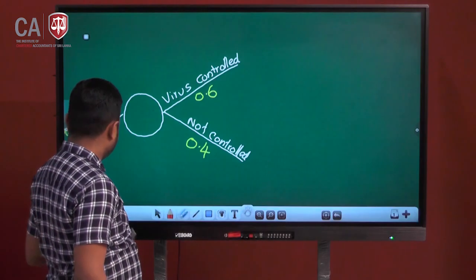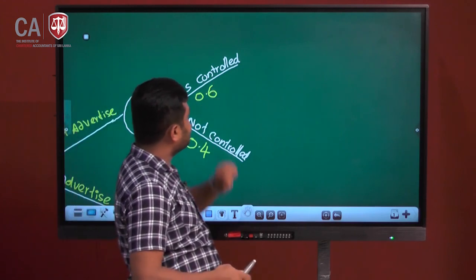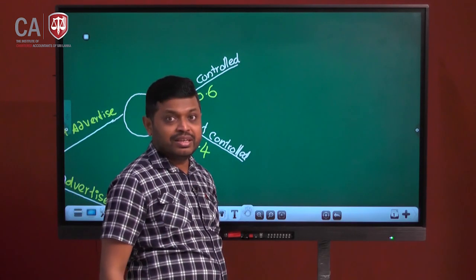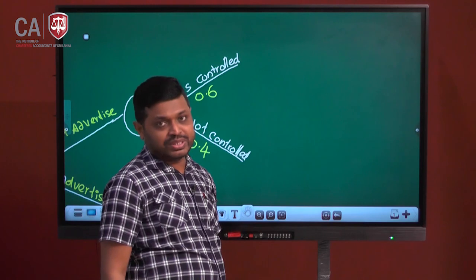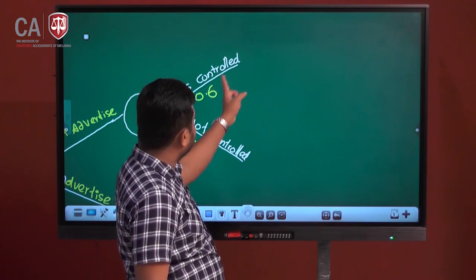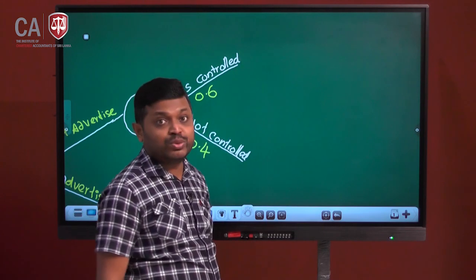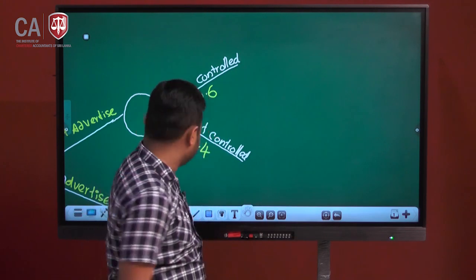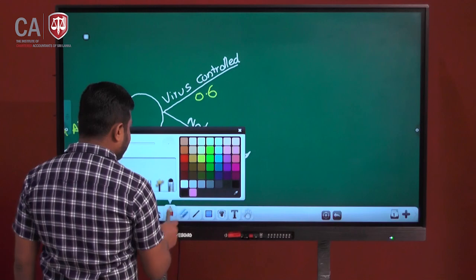We will work out, if the virus is controlled, your occupancy is 70%, then what contribution you can earn.